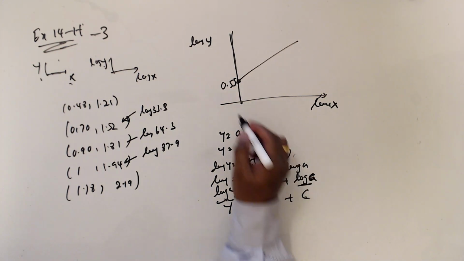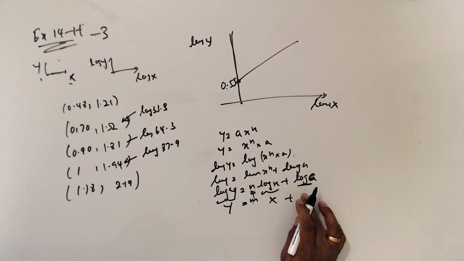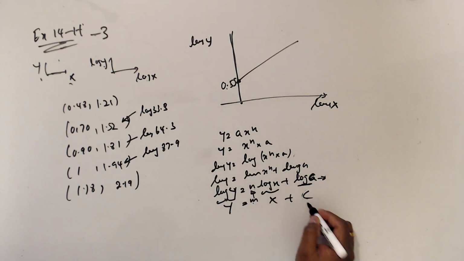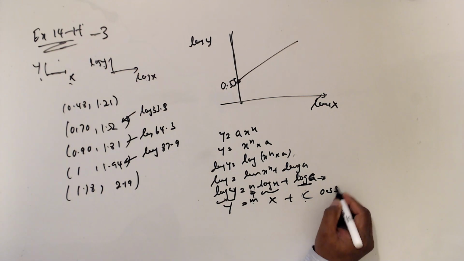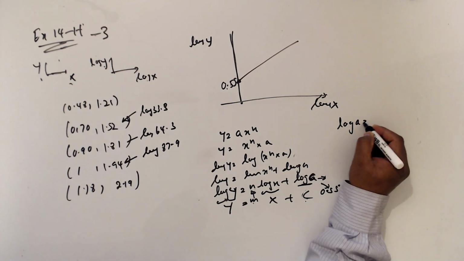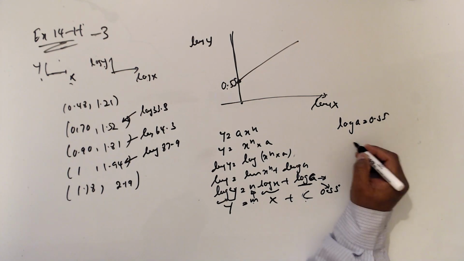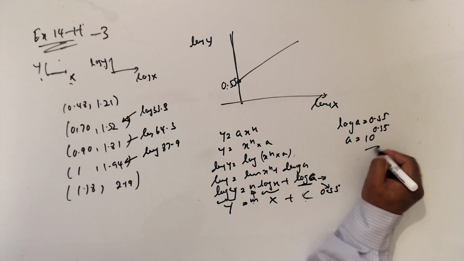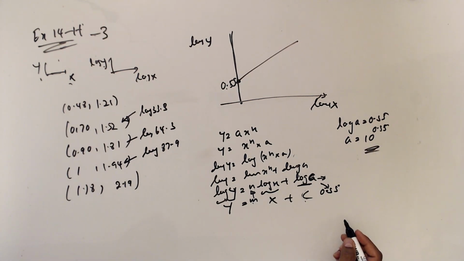Actually we know this one now, this is 0.55. When you do this, the c value is 0.55. So log a is 0.55, and a equals 10 to the power 0.55. Now the gradient.